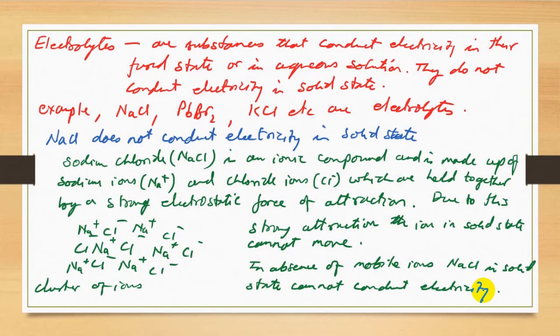Why the ions cannot move? Because of the strong electrostatic force of attraction. There's a very strong electrostatic force of attraction due to which the ions cannot move. Is it clear? So why NaCl does not conduct in solid state, that you know.